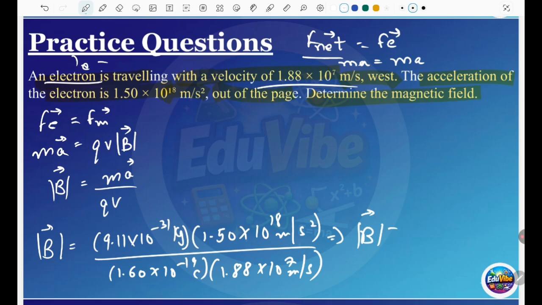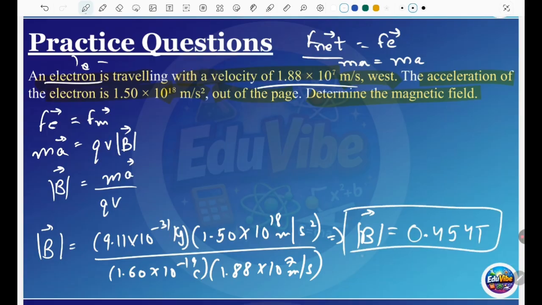When you calculate this, you get a magnetic field of about 0.454 tesla. So this is your answer.